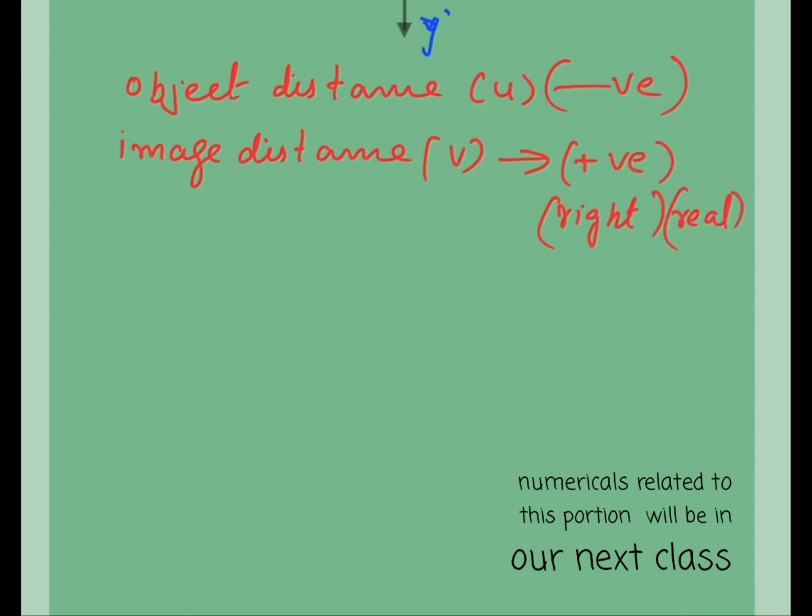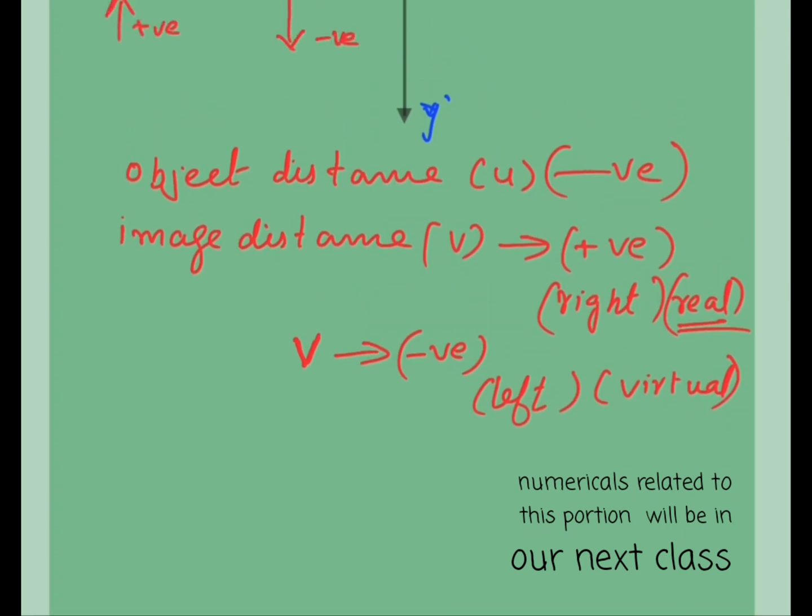Okay, so if the image is on the right side, it will be a real image, and we give v to be positive. Now the image can also be on the left side, in which case the image will be virtual. So we take the sign convention of v as negative.